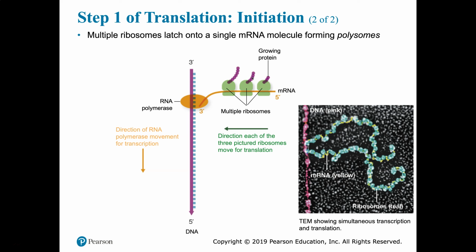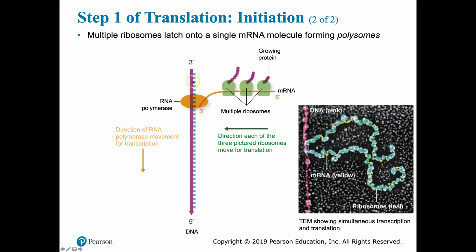It all comes back to energy and energy conservation. If you can transcribe and then translate really fast, it saves a bunch of energy in the long run. Also, some of those proteins may be needed immediately.